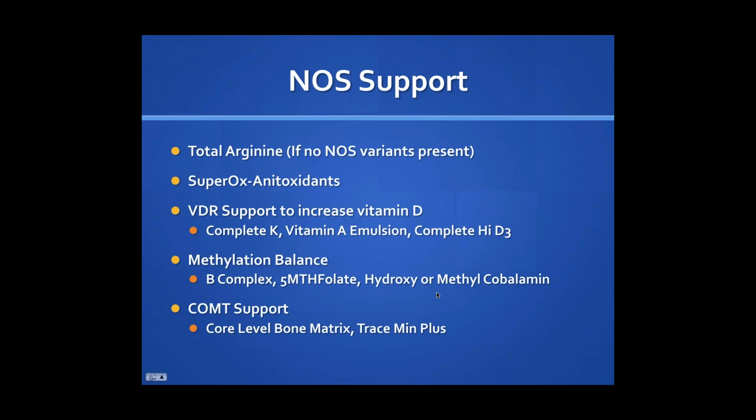The new B complex with NutriWest has the methylfolate and the methylcobalamin in it. Then we have the 5-MTHF folate, hydroxy or methylcobalamin, and then the COMT support. When you get all those balanced, then the nitric oxide pathway is more likely to stay on the right side of the pathway.